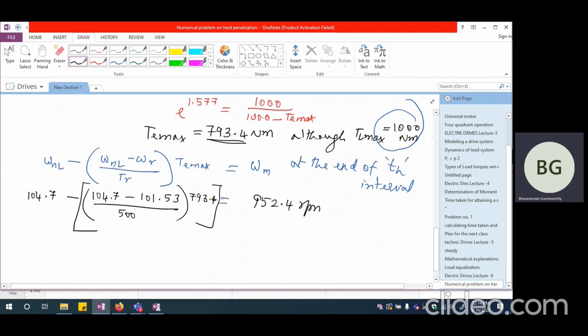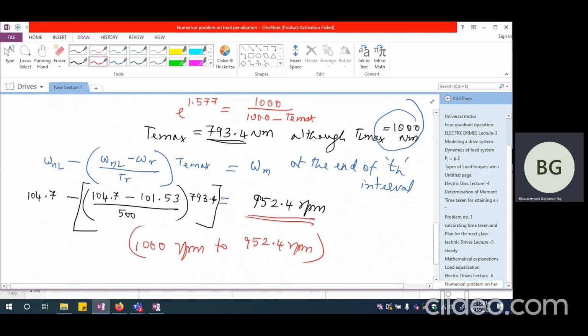952.4 RPM. So at the end of the high load period, the speed reached by the motor is 952.4 RPM. So the total variation in the speed is from 1000 RPM to 952.4 RPM.